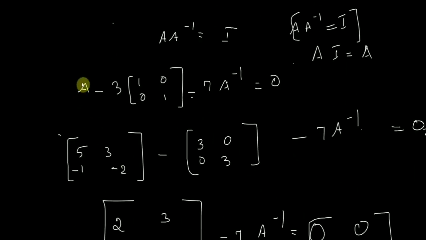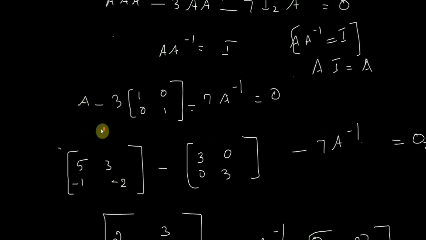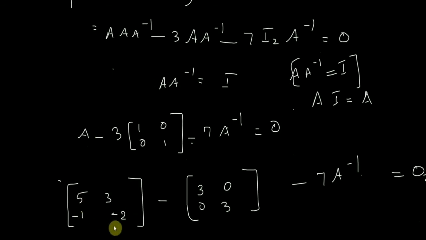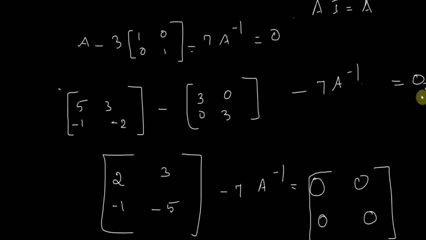Now you substitute for A matrix. So A matrix is 5, 3, minus 1, minus 2, minus multiplied by 3, minus 7 into A inverse equal to O2, 0 matrix. Subtract: 5 minus 3, 2; 3 minus 0, 3; minus 1 minus 0 is minus 1; minus 2 minus 3, minus 5.